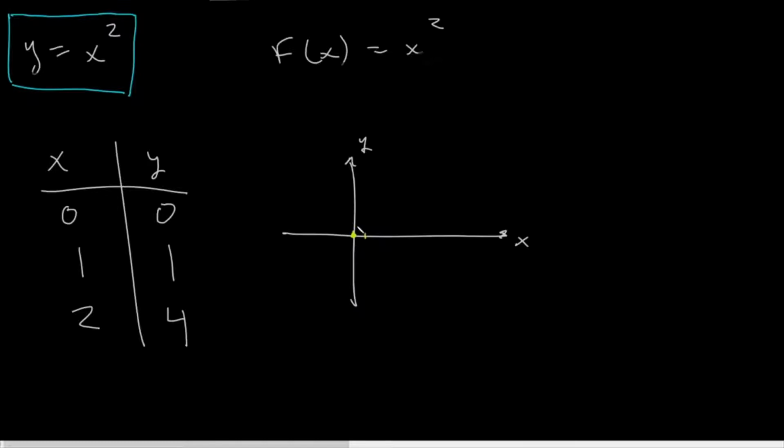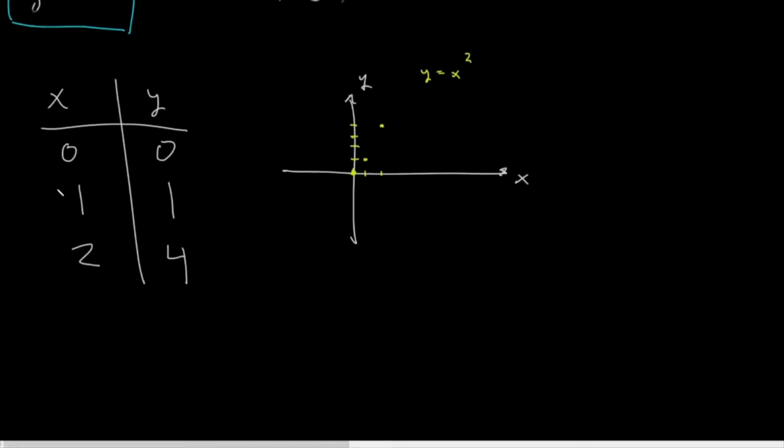And I'll also plot 2, 4. 2, 3, 4. So here's part of my picture. These three points lie on this graph, right? This is y equals x squared.